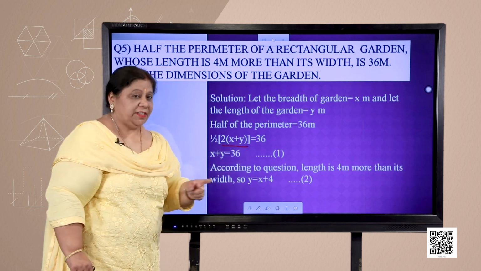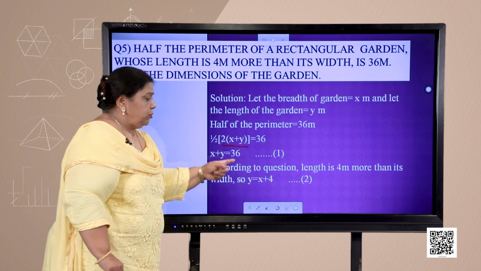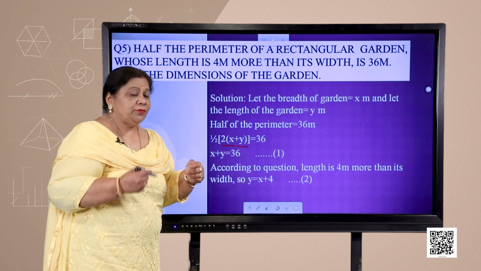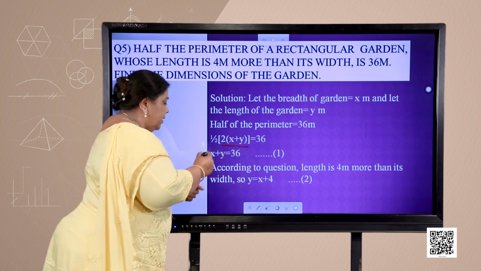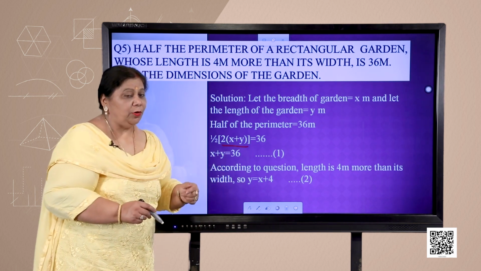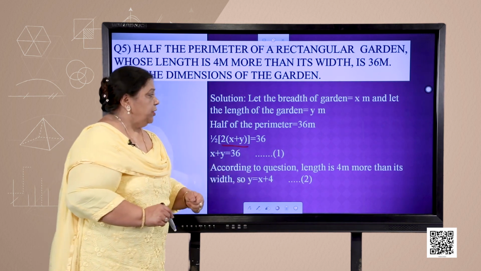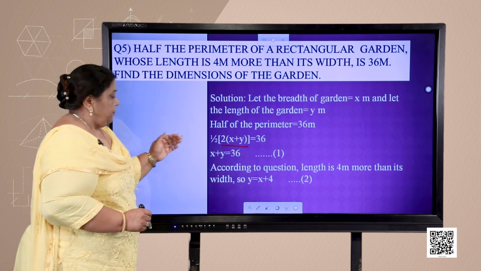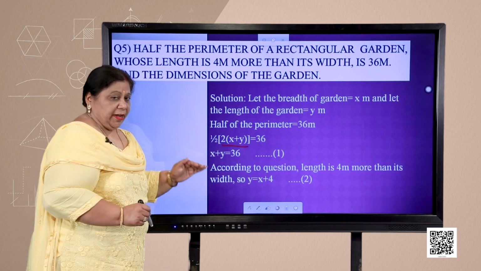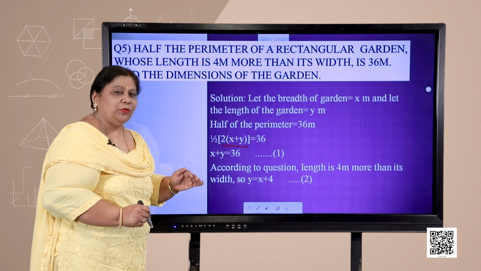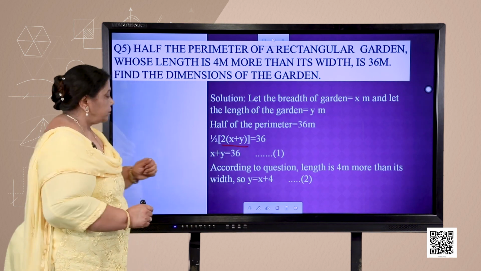This becomes our first equation, and according to the question, length is 4 meters more than the width. So, y is equal to x plus 4. This becomes our second equation. In this, we will be calculating the points so that we can solve the question graphically.